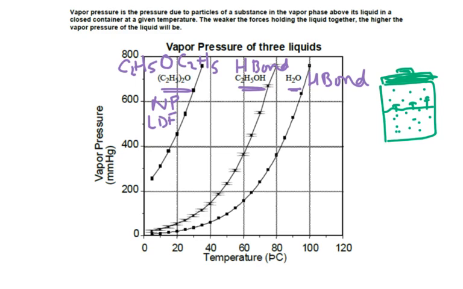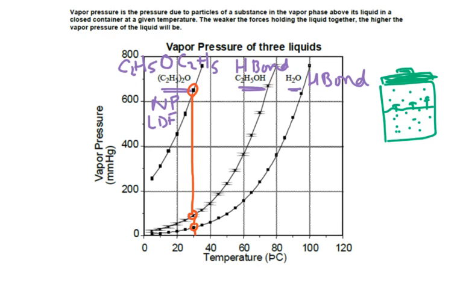If we were to look at these three substances at a particular temperature, like say here, all three of these substances have a vapor pressure value at that given temperature of about 30 degrees Celsius. Which one has the most vapor pressure? It's the diethyl ether, the one that has London dispersion forces.